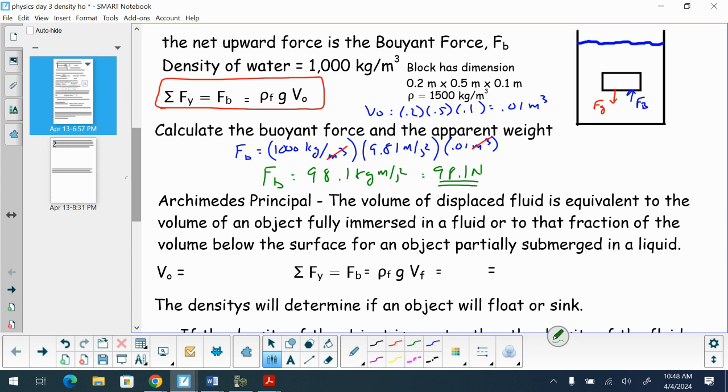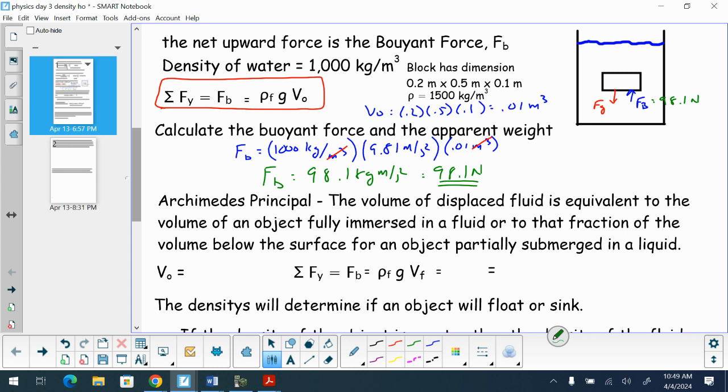We want to calculate an apparent weight. How do we calculate an apparent weight? Well, I have a force of gravity and a buoyant force. I'm pushing up at 98.1 newtons.